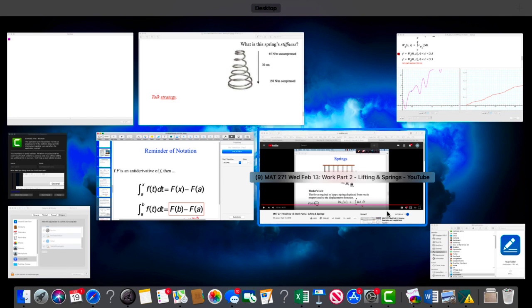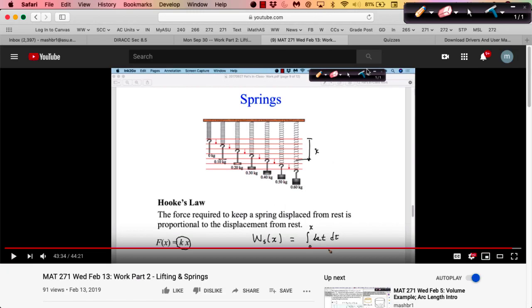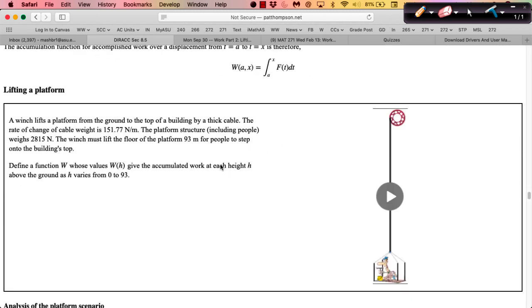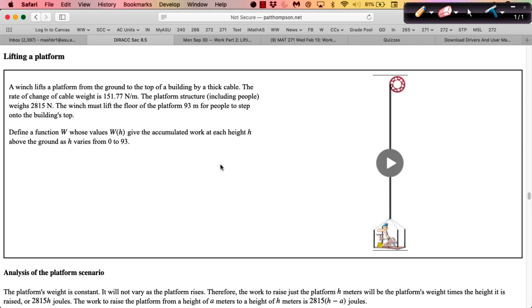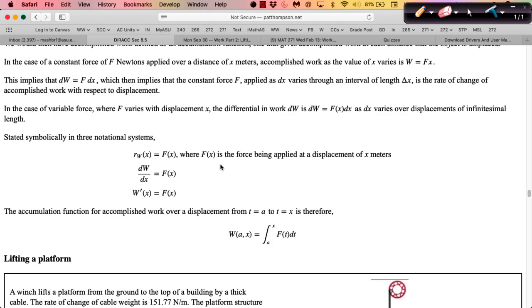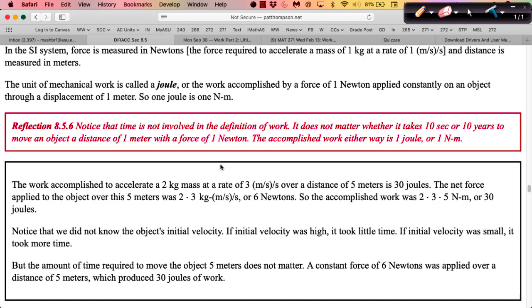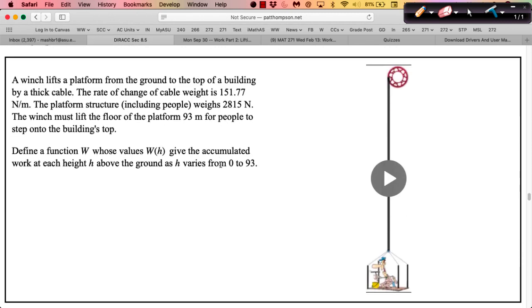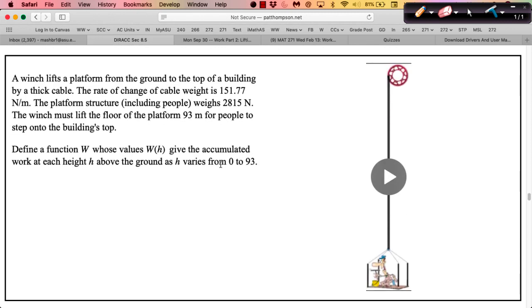So let's look at an example here. Okay, so a winch, we got this problem here.